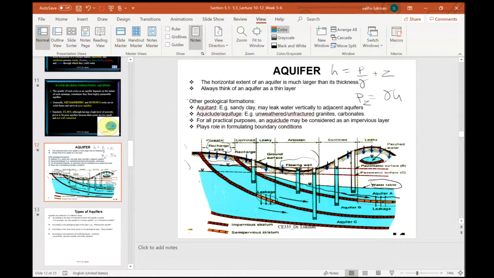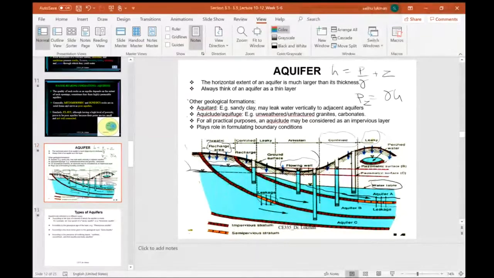Okay, so this is leaky. This is a confined aquifer because the well has reached aquifer B and aquifer C as well. And this is the piezometric surface of aquifer C. So at whatever point you sink a well, water will rise up to that surface, the piezometric surface.